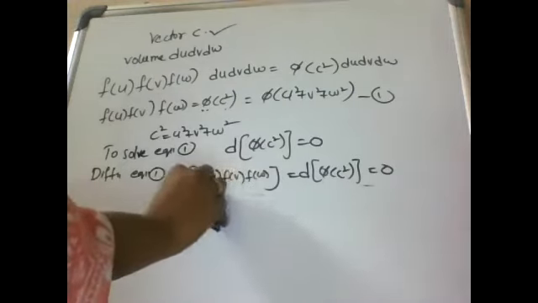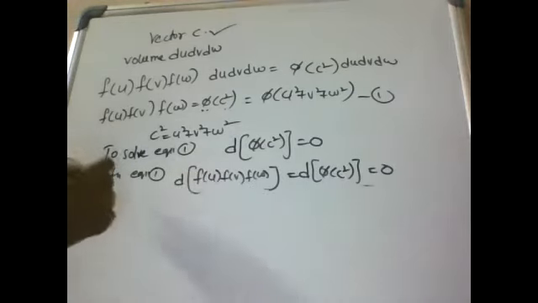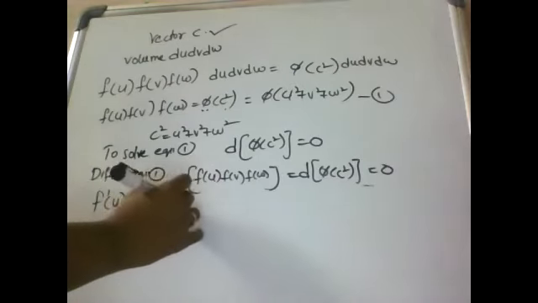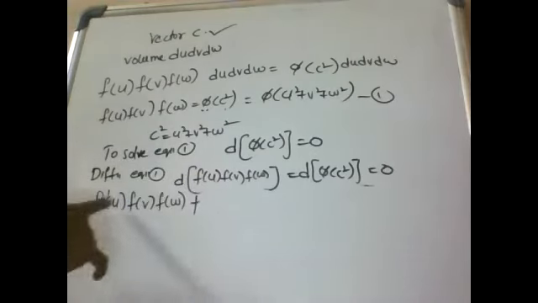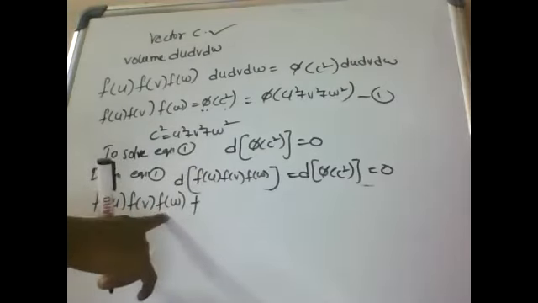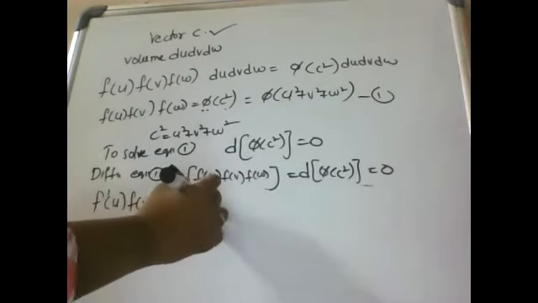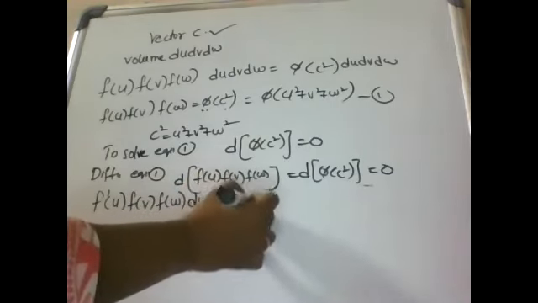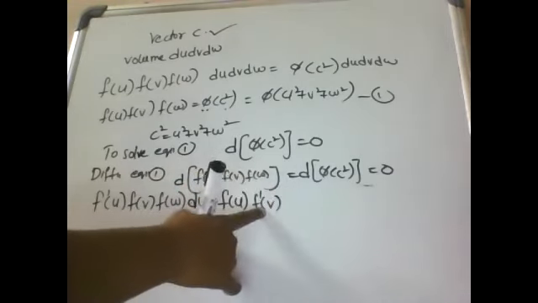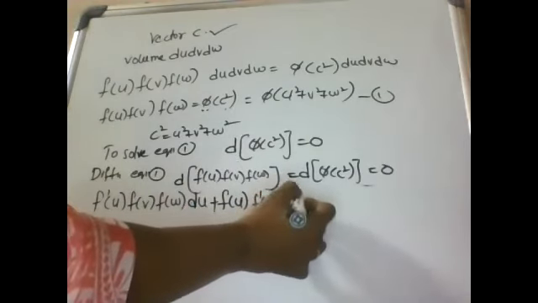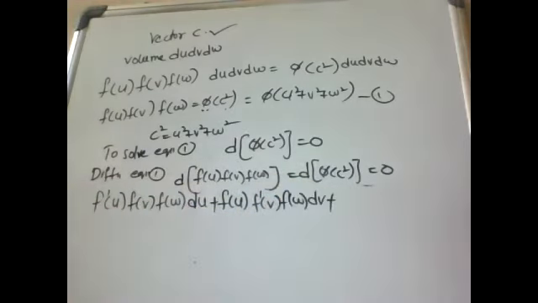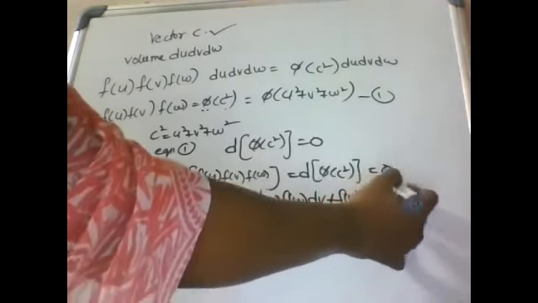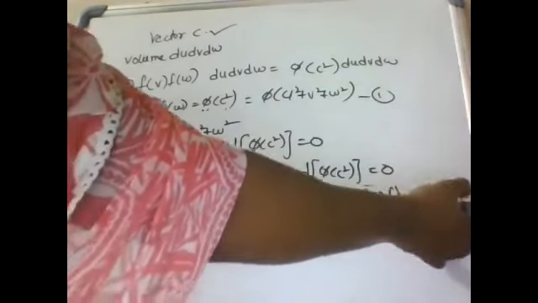So when we differentiate this equation, we get f'(u) f(v) f(w) du plus f(u) f'(v) f(w) dv plus f(u) f(v) f'(w) dw equal to 0.